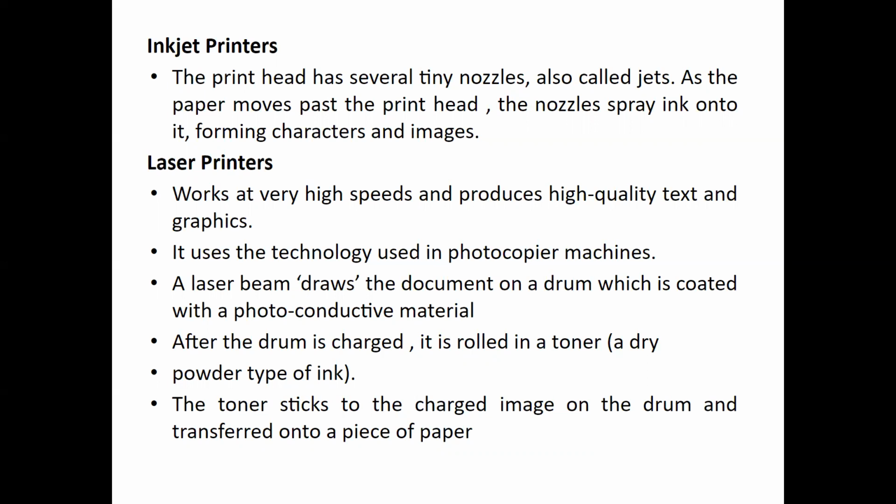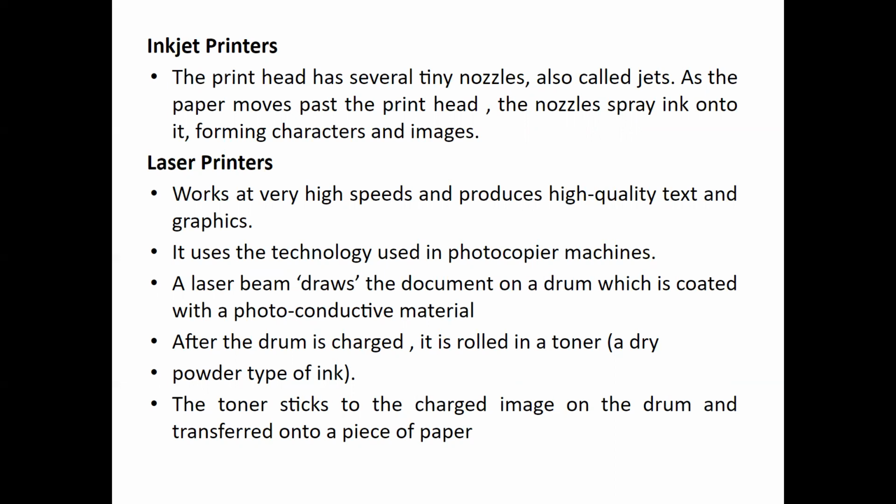Now see, a laser printer is a non-impact printer that uses a laser beam to print the characters. The beam hits the drum, which is a photoreceptor, and draws the image on the drum by altering electrical charges on the drum. The drum then rolls in toner, and the charged image on the drum picks up the toner.